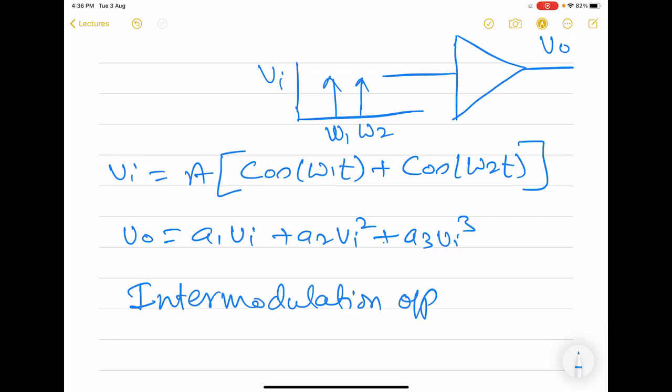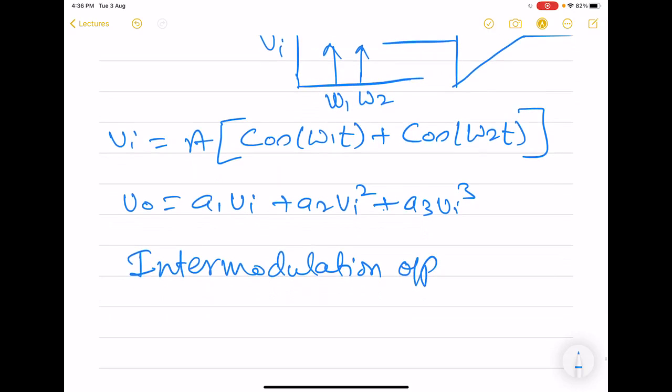Output components. And then we will try to characterize the amplifier for certain value of input for which this intermodulation product lead to unwanted phenomena.